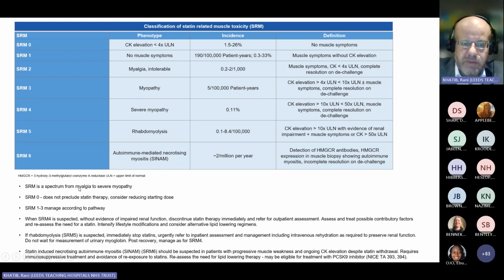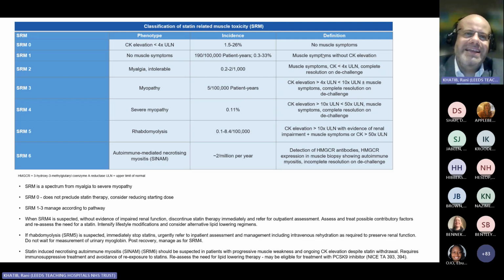It's a spectrum from myalgia to severe myopathy, and not all of it is necessarily statin induced. Some of it could be due to statin, some not, and therefore the only way of discovering that is to de-challenge or re-challenge. In patients reporting CRM 0, there are no muscle symptoms.